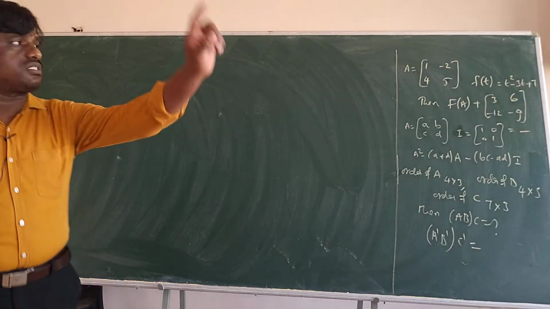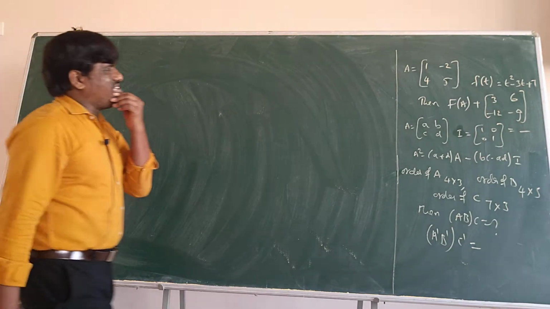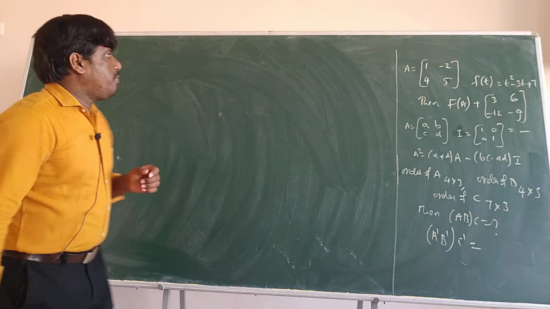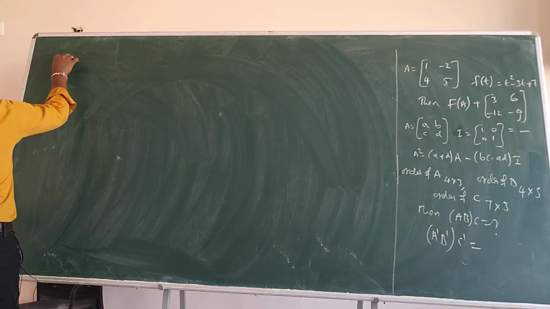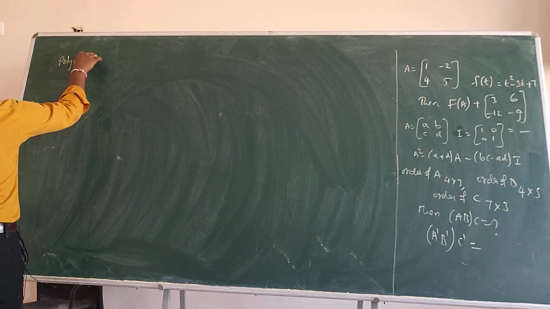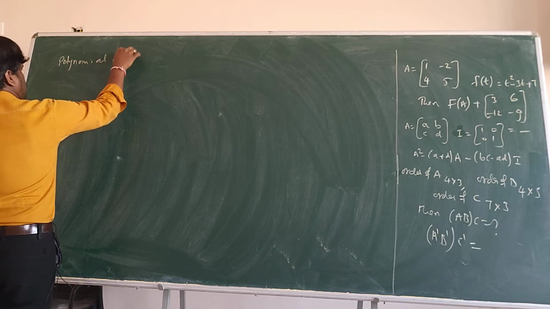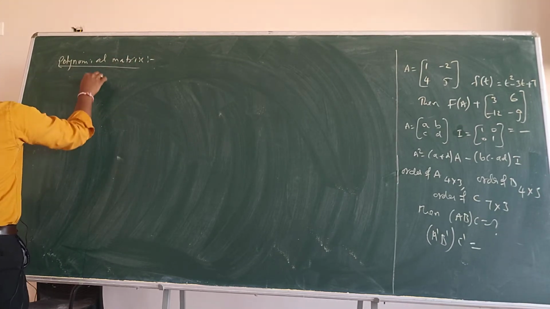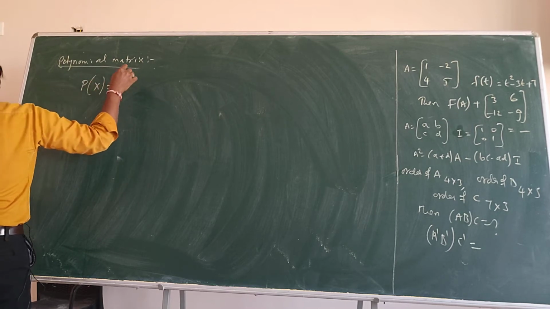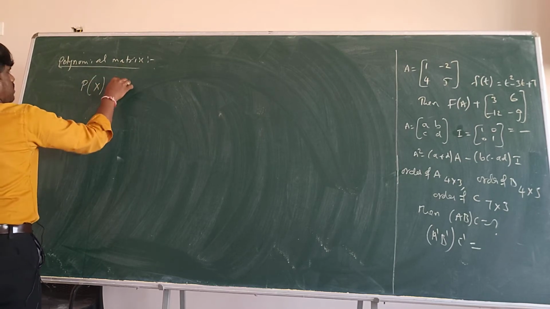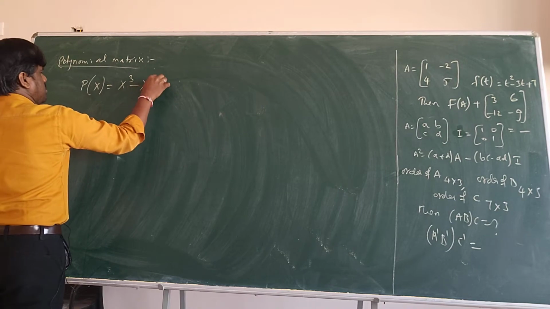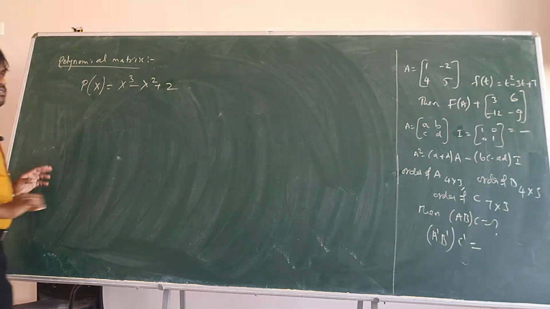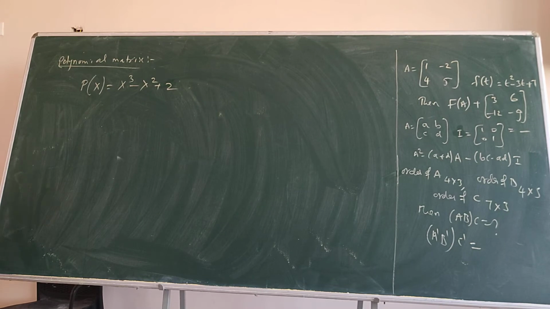See here, this first question. So what is given? Listen here, polynomial matrix. What is a polynomial matrix? Suppose a polynomial in X is x cube minus x square plus 2.